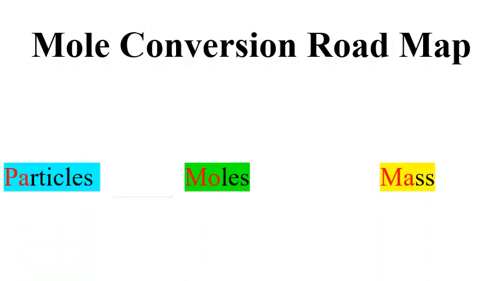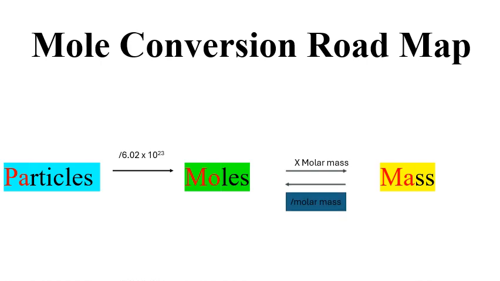This roadmap helps to avoid confusion about whether to divide or multiply for the respective conversions. If the number of particles is given and you want to convert to moles, divide by Avogadro number. Dividing by Avogadro number will give you moles.